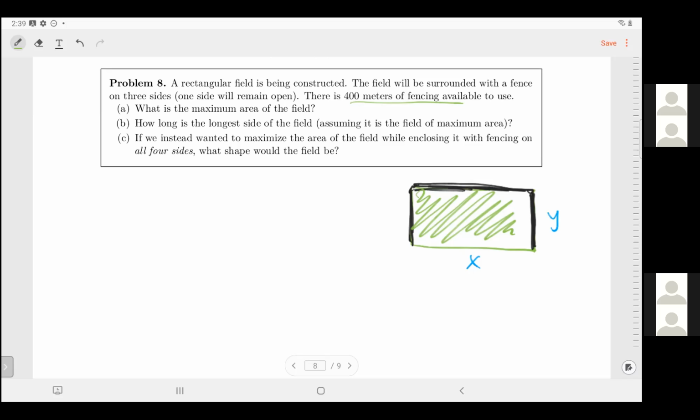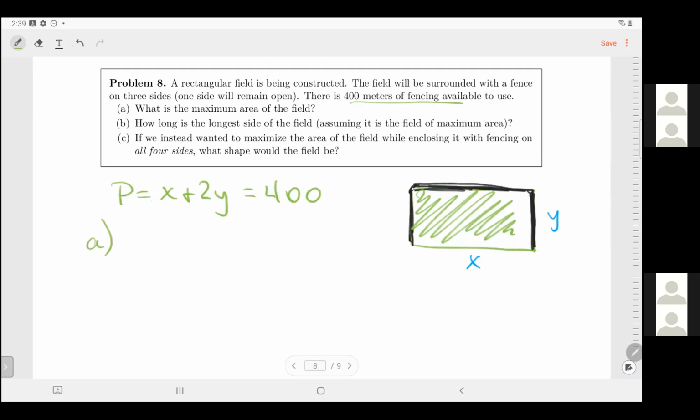X plus 2y. Awesome. Okay, so perimeter is x plus 2y, right? Because we're not concerning ourselves with that side of the rectangle. We don't need fencing there. So x plus 2y equals 400. That'll be useful to know.